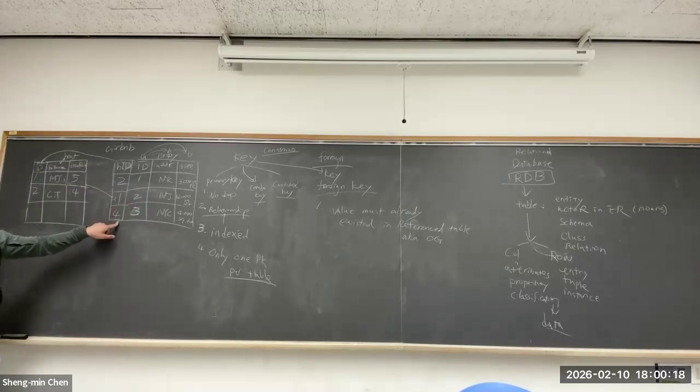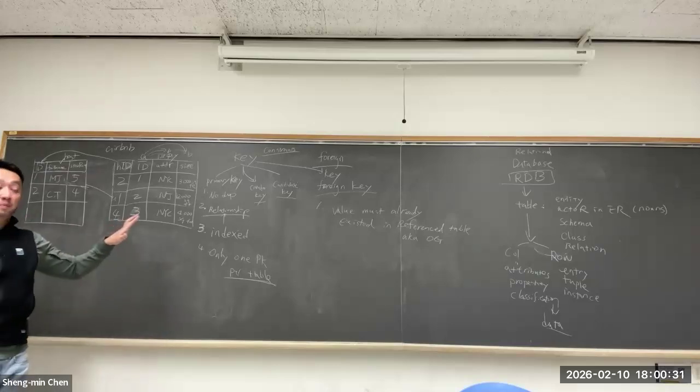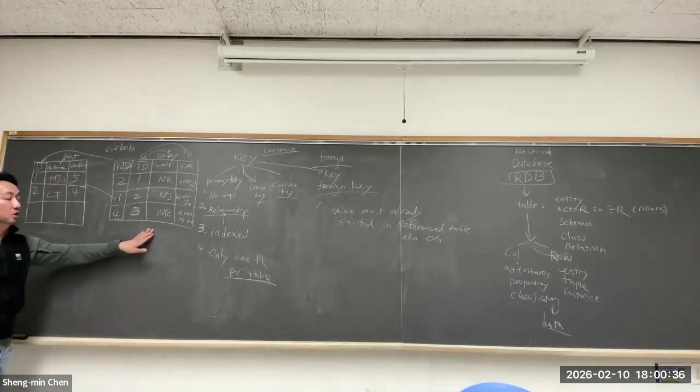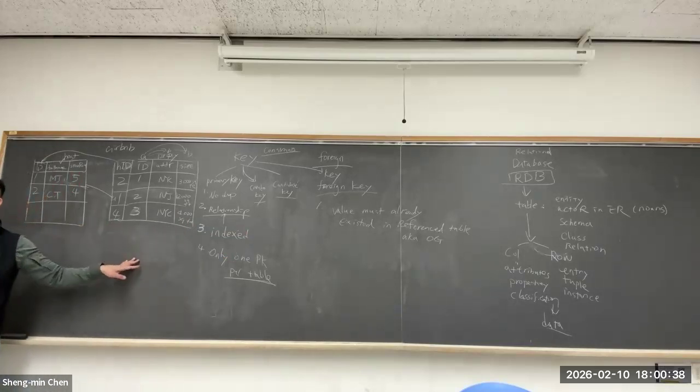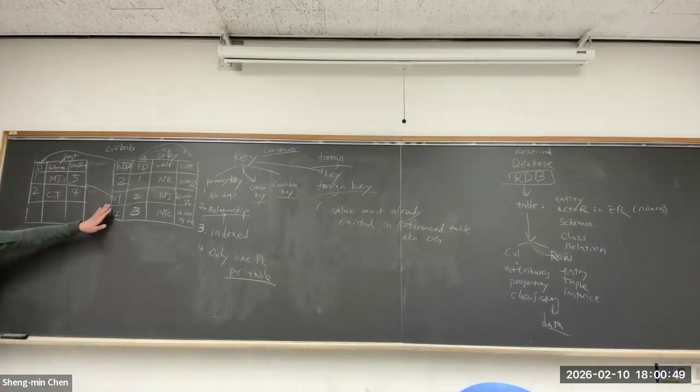You cannot have a foreign key value that does not exist in your primary keys table. This constraint is going to be automatically checked by the database. Basically, if when you're inserting this third record, you're saying the owner is number 4, but there is no number 4 in this table yet, then this is not allowed.